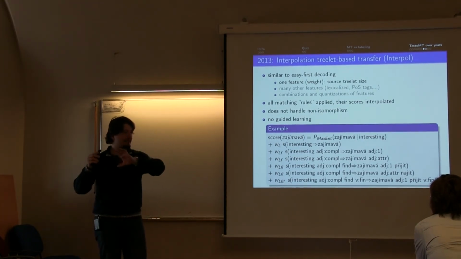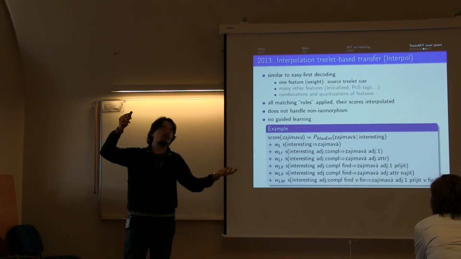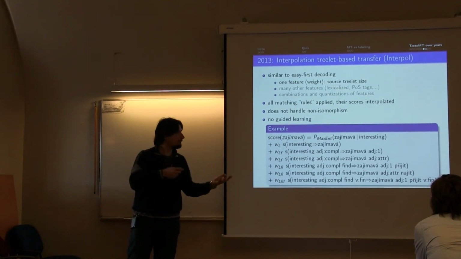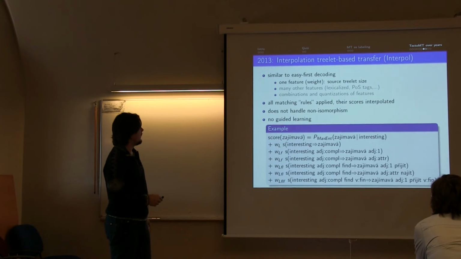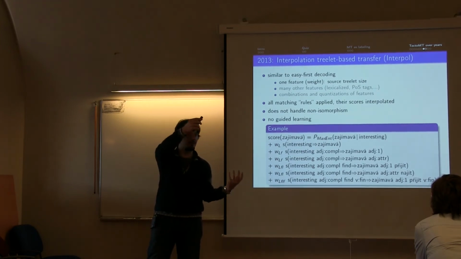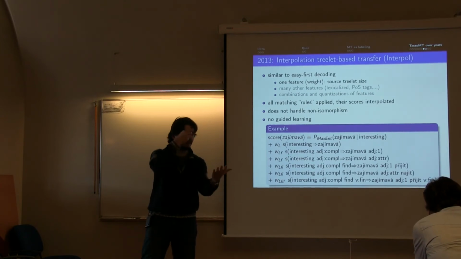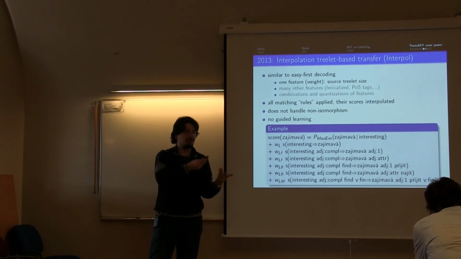It says, okay, there will be such a probability, and then the probabilities or scores are interpolated. So I need to know which node corresponds to which target node, or which target nodes coming from different treelets actually correspond to one node, and if they say the same translation, this translation should be boosted.